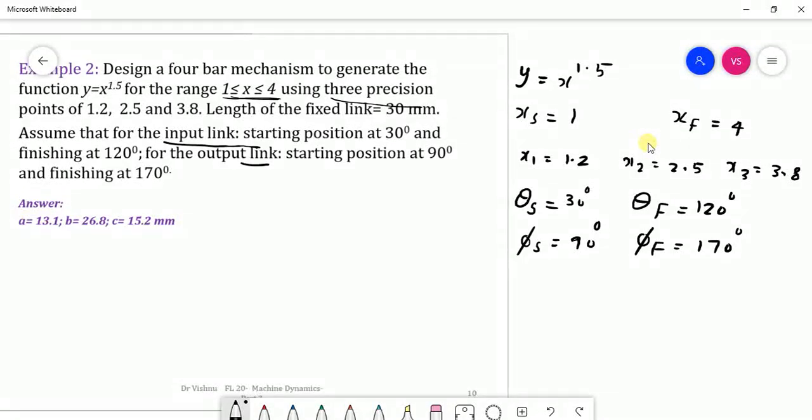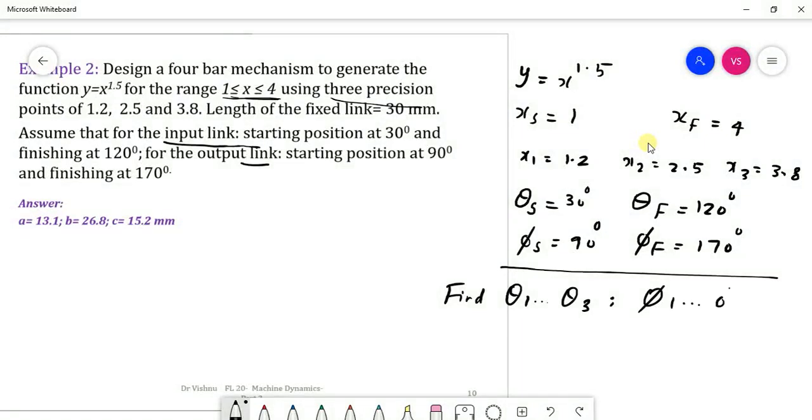Since we have been given the values of x1, x2, x3, the first step is to find theta 1 up to theta 3 and then phi 1 up to phi 3. So these 6 values we should first find.